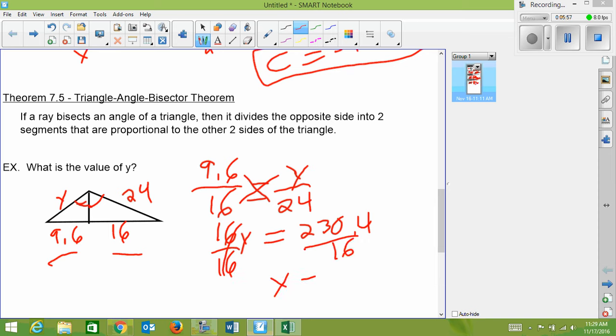So y is 14.4. I don't have a label, so just leave it 14.4. If a ray bisects an angle of a triangle, which is what's happening in that picture, then it divides the opposite side into two segments that are proportional to the other two sides. And that's why I can set that up that way.